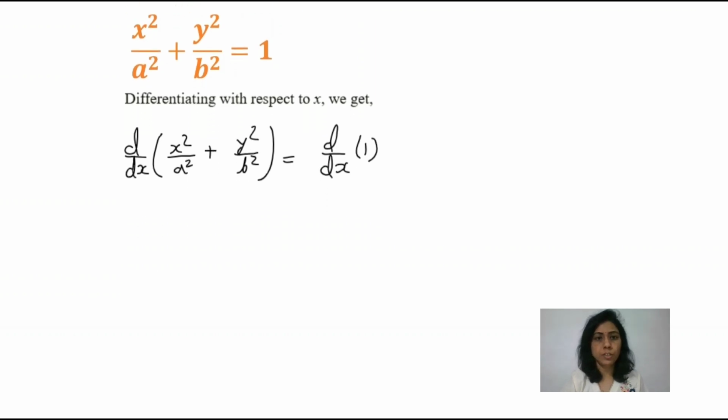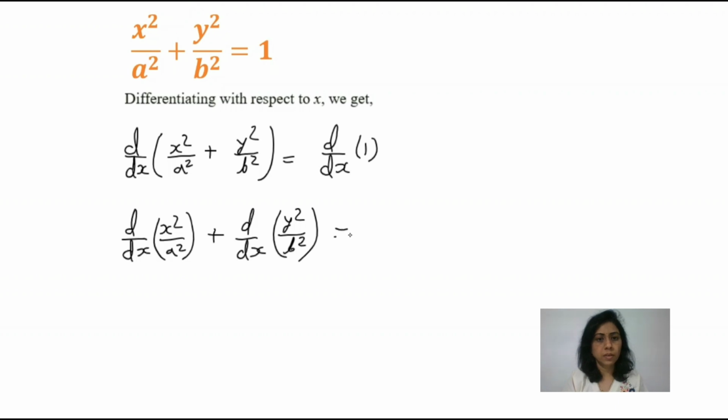When we differentiate each term, we get d upon dx, x square upon a square, and d upon dx, y square upon b square, and when we differentiate this 1, we get 0.